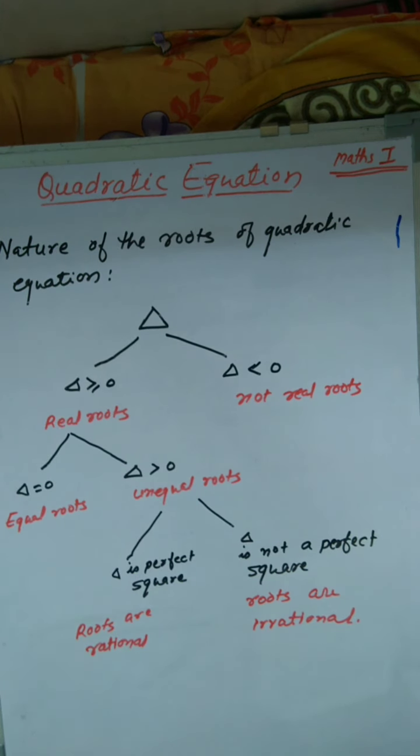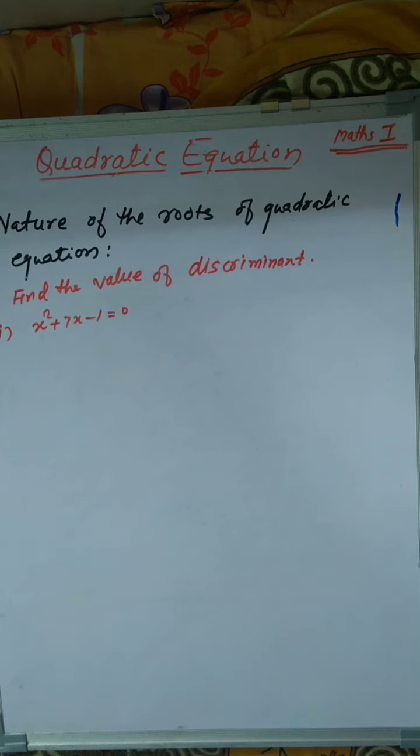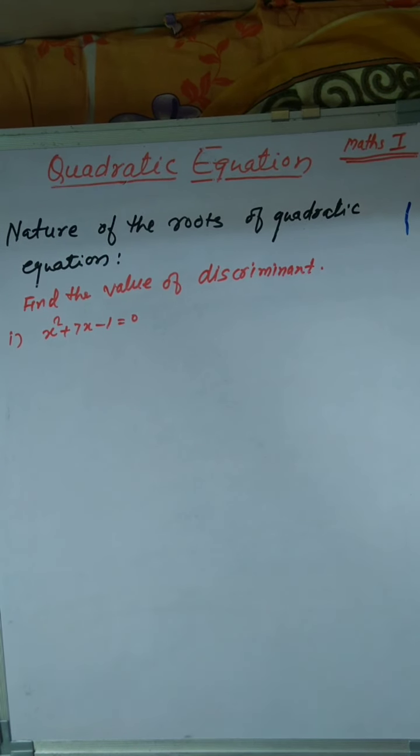Now we see some examples on it. First example, find the value of the discriminant. The quadratic equation is given: x² + 7x − 1 = 0.